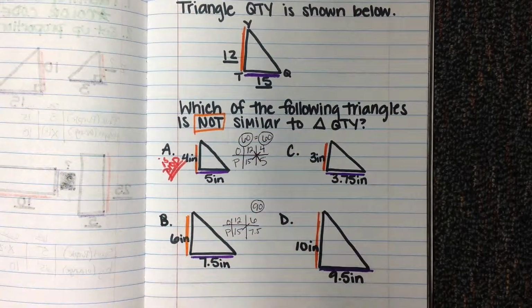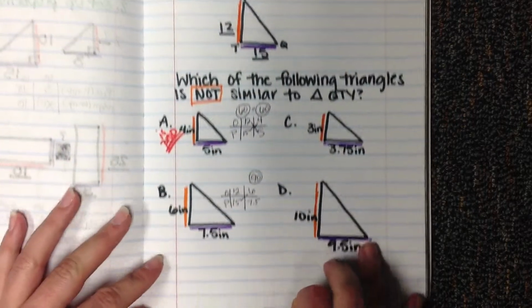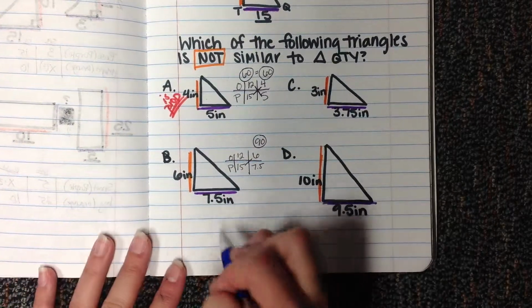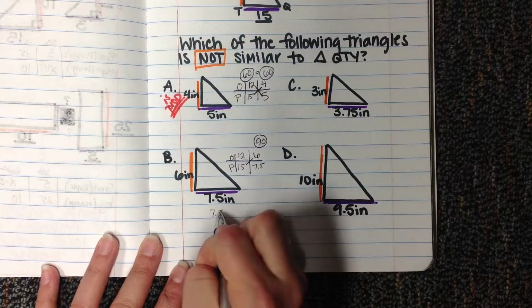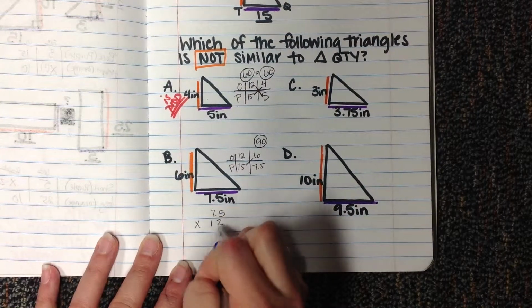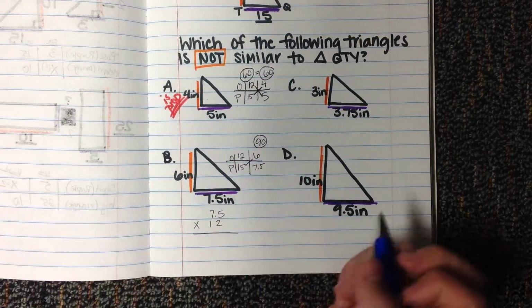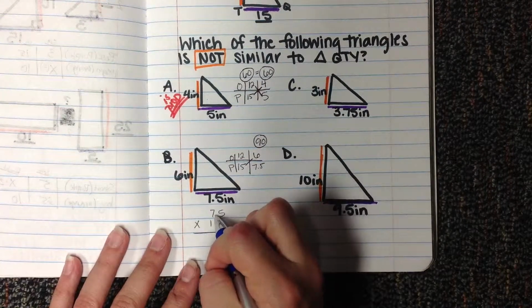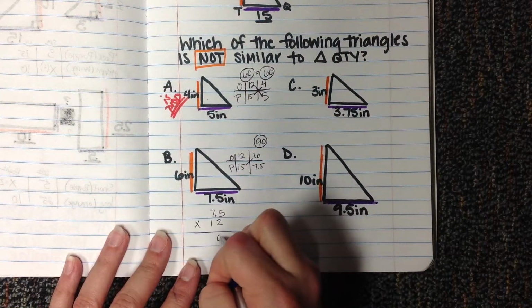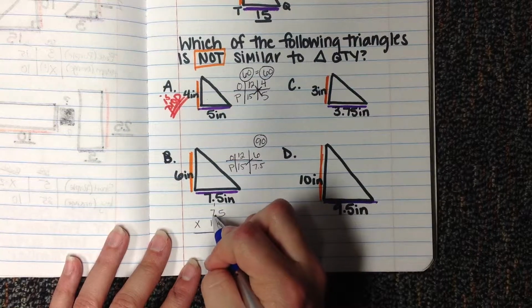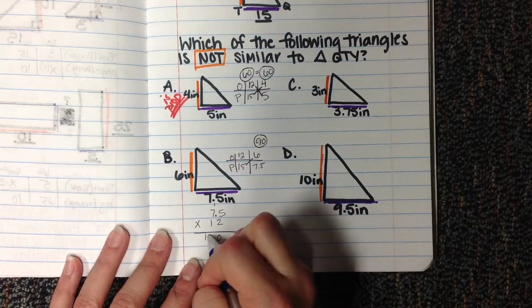And then I can multiply 12 times 7.5 in my head, but let's practice with that decimal. So I have 7.5 times 12. Even if you can already do this mentally, I want you to look at how we're solving with the decimal. 2 times 5 is 10. 2 times 7 is 14 plus 1 is 15.